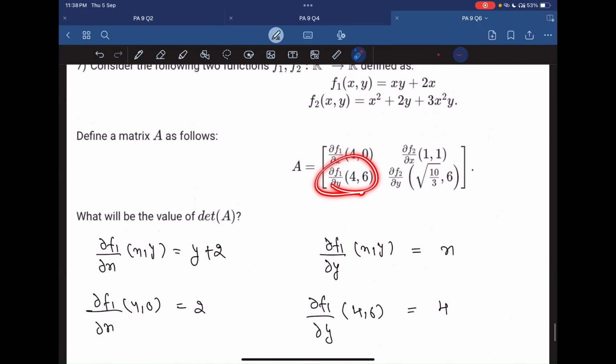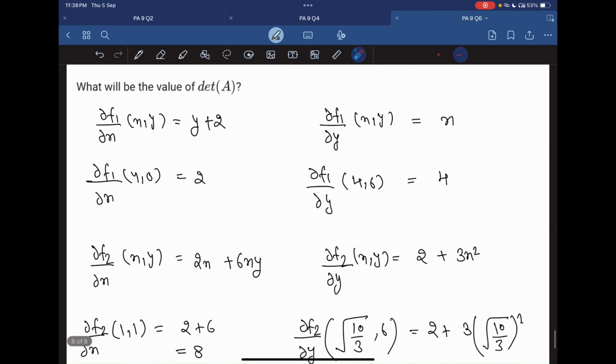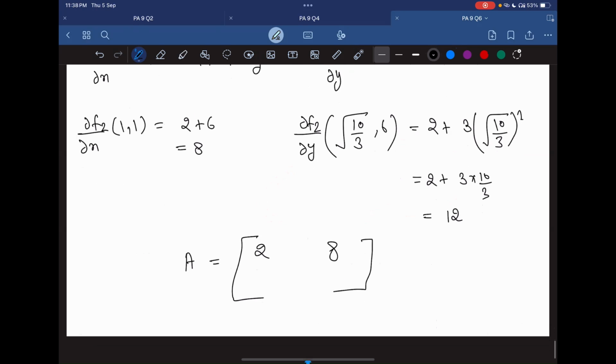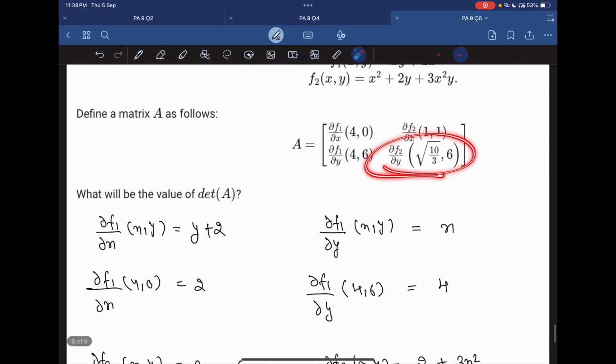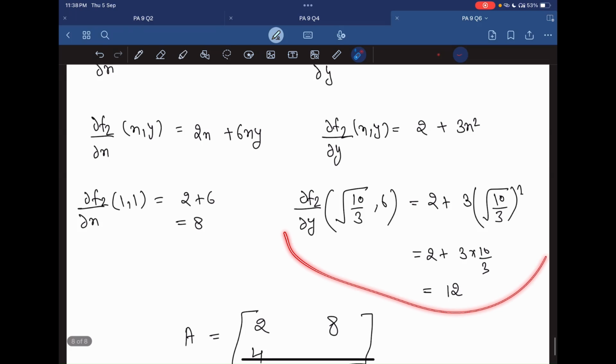The second row, first column entry is the partial derivative of the function f1 with respect to y at the point 4 comma 6, that is 4. The second row, second column entry is the partial derivative of the function f2 with respect to y at the point square root of 10 by 3 comma 6, and that is 12.